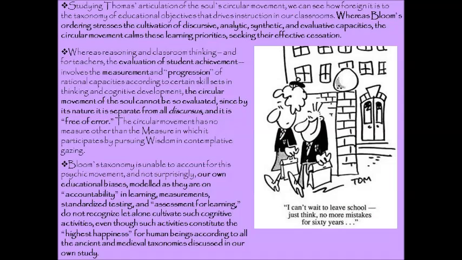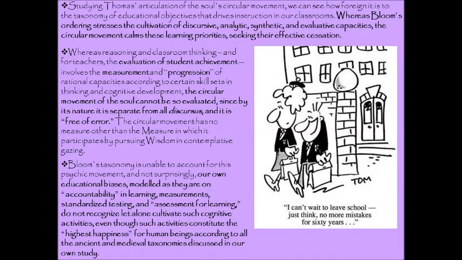Studying Thomas's articulation of the soul's circular movement, we can now see how foreign it is to the taxonomy of educational objectives that drives instruction in our classrooms. Whereas Bloom's ordering stresses the cultivation of discursive, analytic, synthetic, and evaluative capacities, the circular movement calms these learning priorities, seeking their effective cessation.